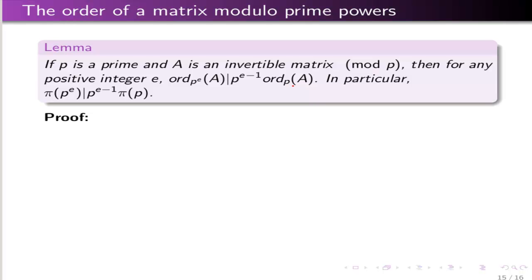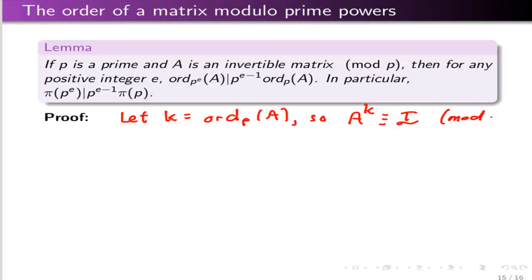So A is an invertible matrix. Let's let K be the order mod p of A. So A to the K is the identity matrix. This means A to the K is congruent to I mod p.